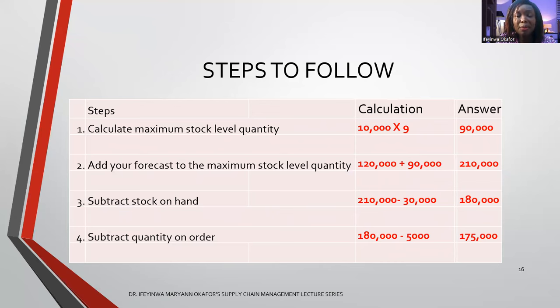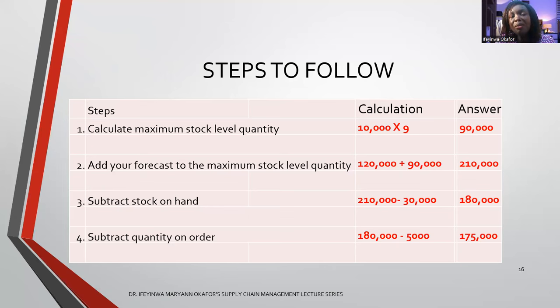Remember the steps. The first step, you need to calculate the maximum stock level quantity. And how do we do this? The maximum stock level quantity is calculated by multiplying the average monthly consumption times the maximum stock level.